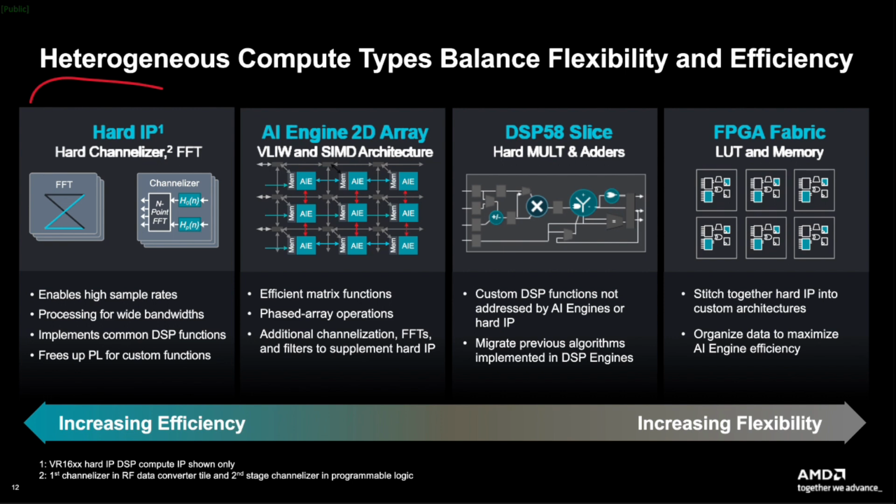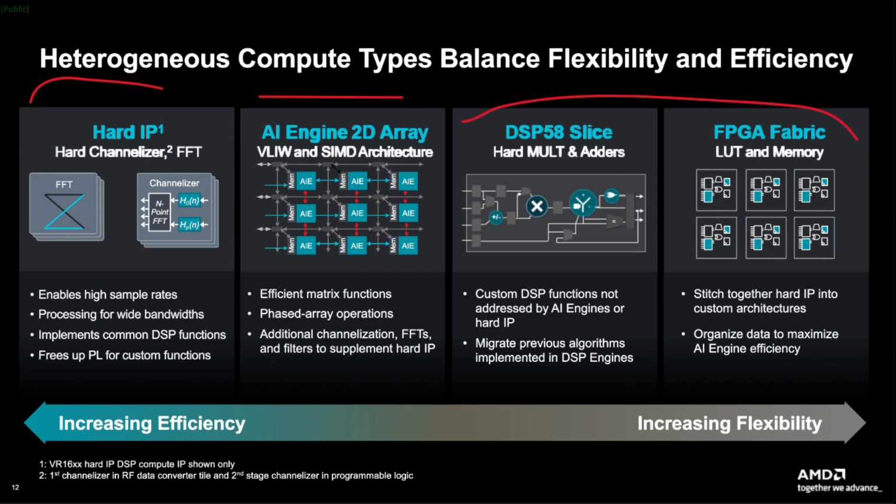We did have the AI engine. It's actually more flexible than the hard IP and not quite as power efficient, but it's there as another type of processing capability. And lastly, we have the programmable logic in terms of the FPGA fabric, the LUT and memory, and also the DSPs, which are the most flexible and allow you to configure your solution and optimize it for what your needs might be.